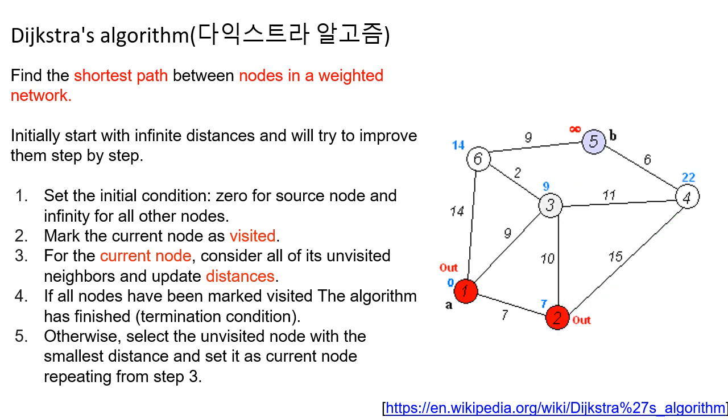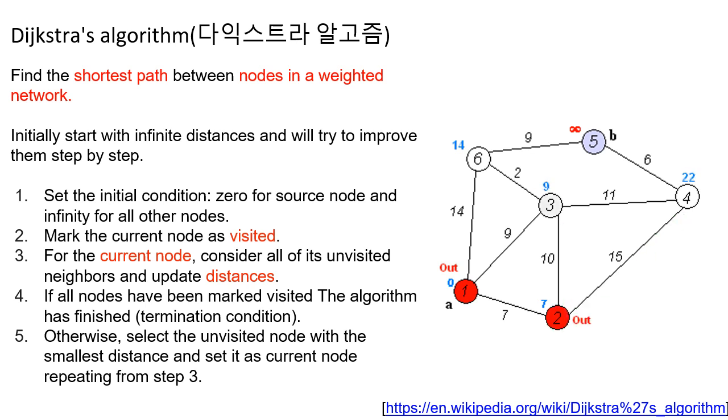However, to reach it via 1, 2, 3, it has a weight of 17, and this one is 14. So 9 is the least weight. So you change the infinite value to 9, the lowest weight. So you can see 1, 2, 3 are visited and their values are updated.